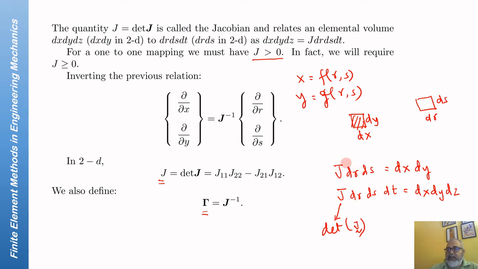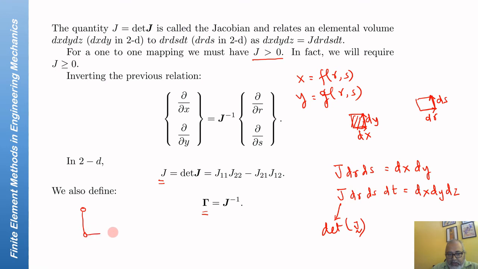J cannot even be negative, which has to do with the sense of dx and dy and the sense of dr and ds. So if dx is increasing this way, dy is increasing this way, dr also must increase this way and ds must increase this way. If that doesn't happen, you might end up with a negative J. So if there is a flipping of this infinitesimal element as you go through this mapping, then you might end up with a negative J, and that situation also must be avoided because flipping might cause a situation like this.